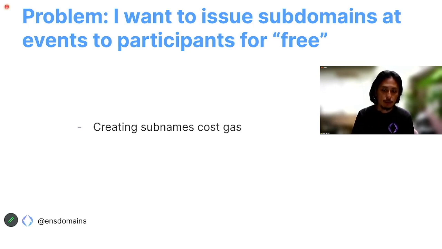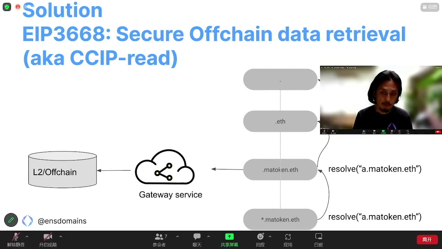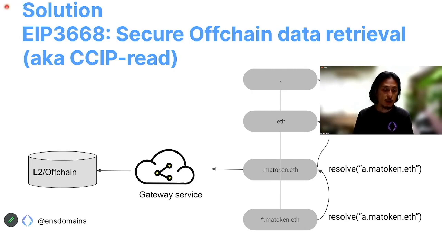To solve that, we have another specification called EIP 3668, secure off-chain data retrieval. We also call it CCIP Read. You use it in combination with the wildcard specification. In the wildcard specification, ENS IP10, you ask whether a subname, for example foo.matoken.is, exists.